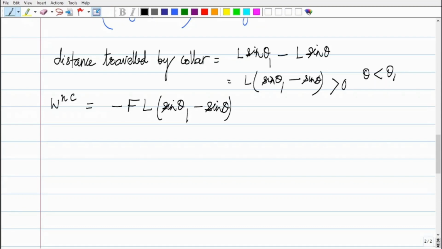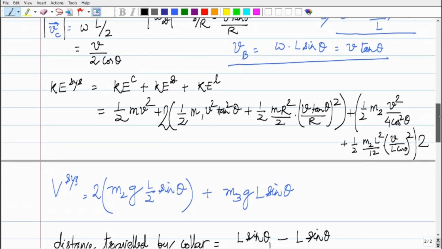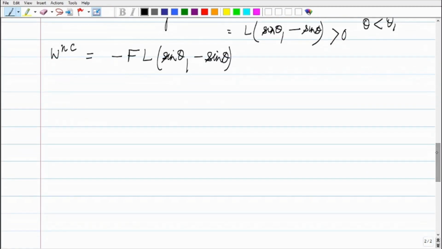Okay? And now we are ready to apply the work energy principle, isn't it? So it says KE plus V at state 2, minus KE plus V at state 1, which is the initial state, and 2 is the current state.